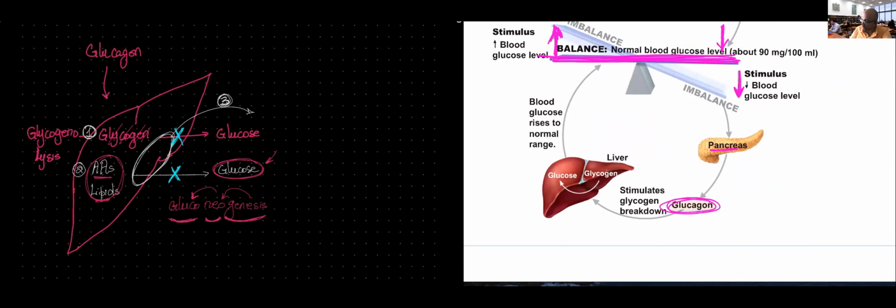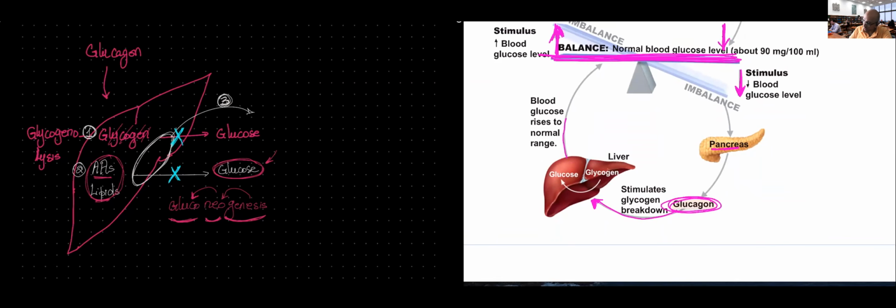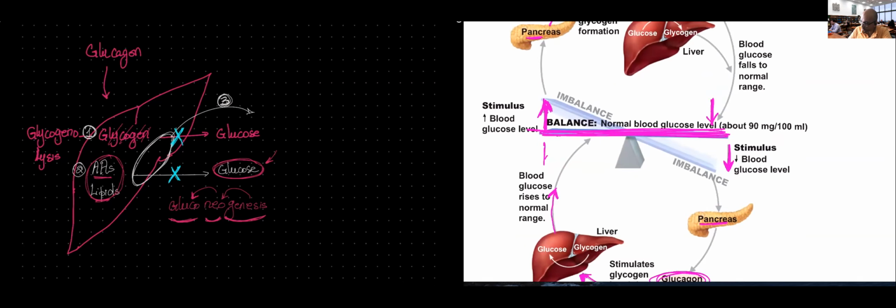So glucagon will be targeting the liver cells, enhancing the glycogenolysis, the gluconeogenesis, and will be enhancing the release of the glucose into my bloodstream, increasing the blood sugar level again back to normal.